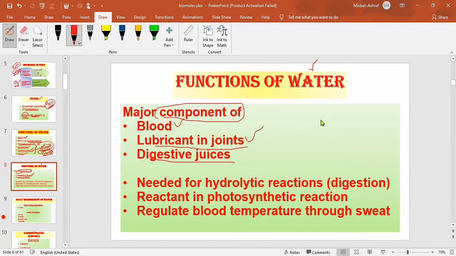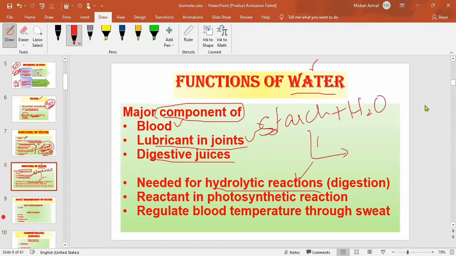So the enzymes are also present in water, in liquid or solution form. Then water is also needed for hydrolytic reactions. Hydrolytic reactions are those reactions which take place in the presence of water. I can give you one example here: starch is broken down in the presence of water by an enzyme, amylase, into maltose.